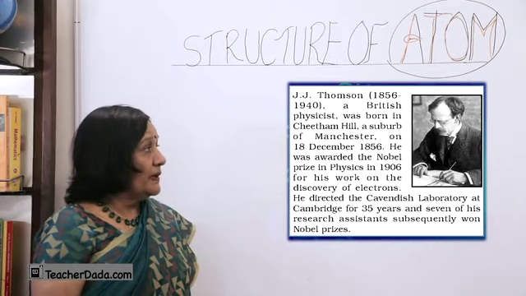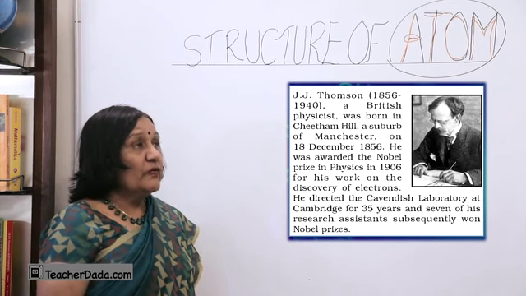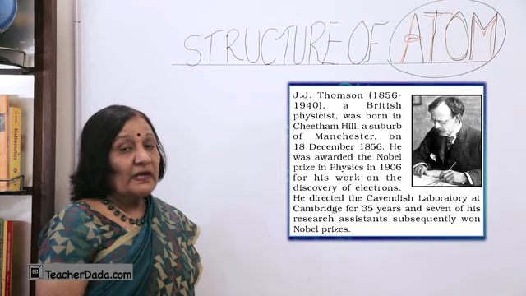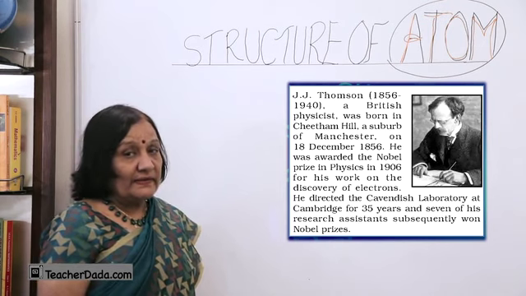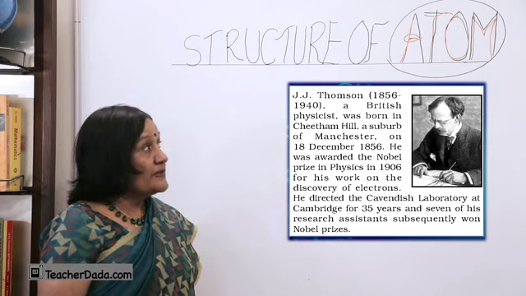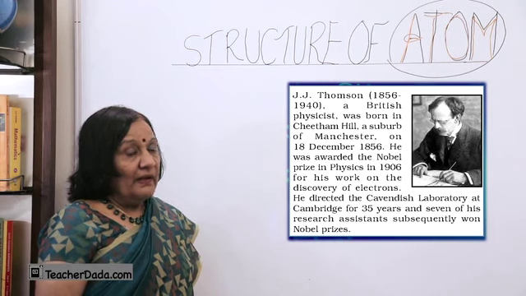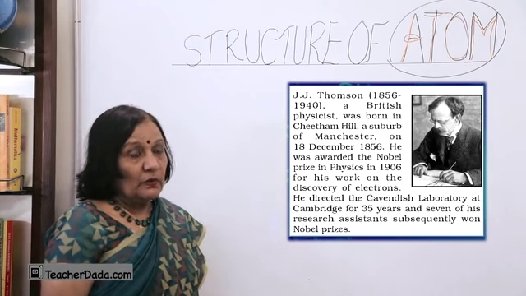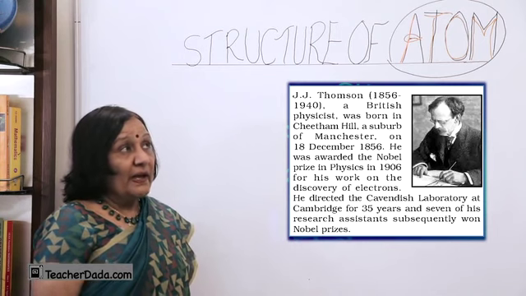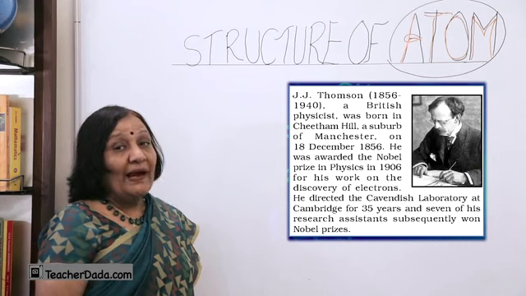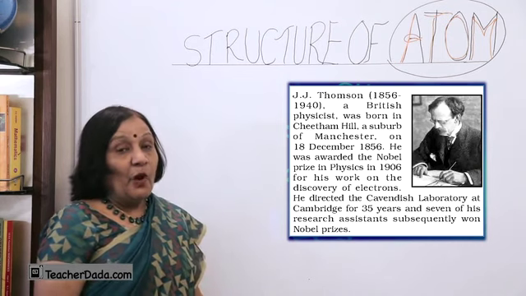Now you can see the slides in which you can see the photograph of Sir J. J. Thomson, and he was a great scientist. You can just go through what is written here, that he had many research scholars also. You know what is the meaning of research scholars? It means the students who are working under his guidance on the same topic.